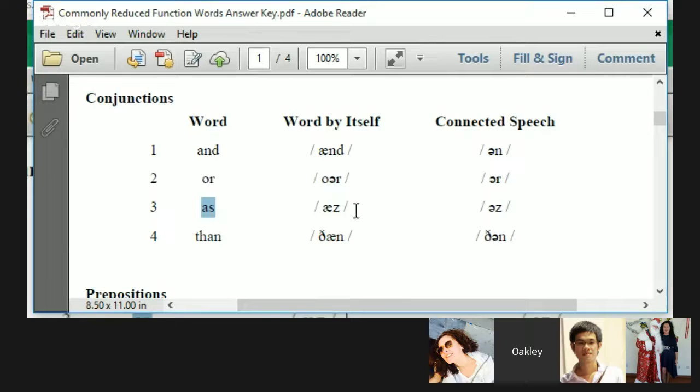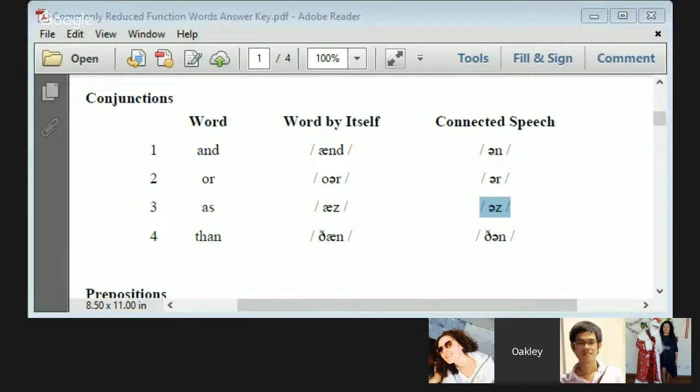Albina, number 3 is, of course, dictionary pronunciation "as." Yes. "As." "As." "As white as snow. As good as..." Okay, very good.